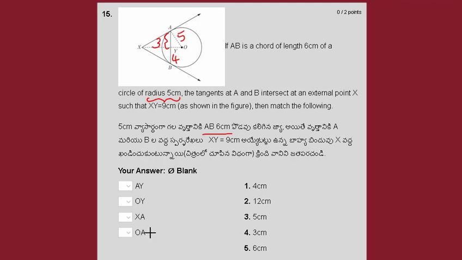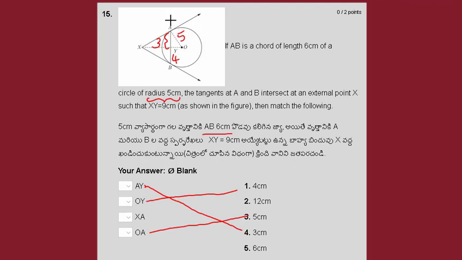So if you observe the match the following, OA, that is the radius, is 5 centimeter, AY is equal to 3 centimeter, and OY is equal to 4 centimeter, and then we need to find out XA.